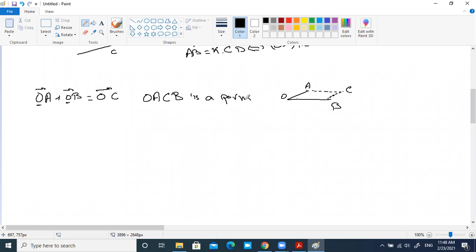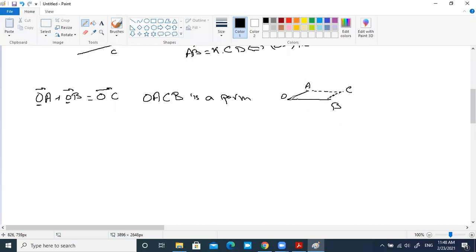So just a moment. Okay. Parallelogram ABCD. What can you say about the diagonals of a parallelogram? They bisect each other.